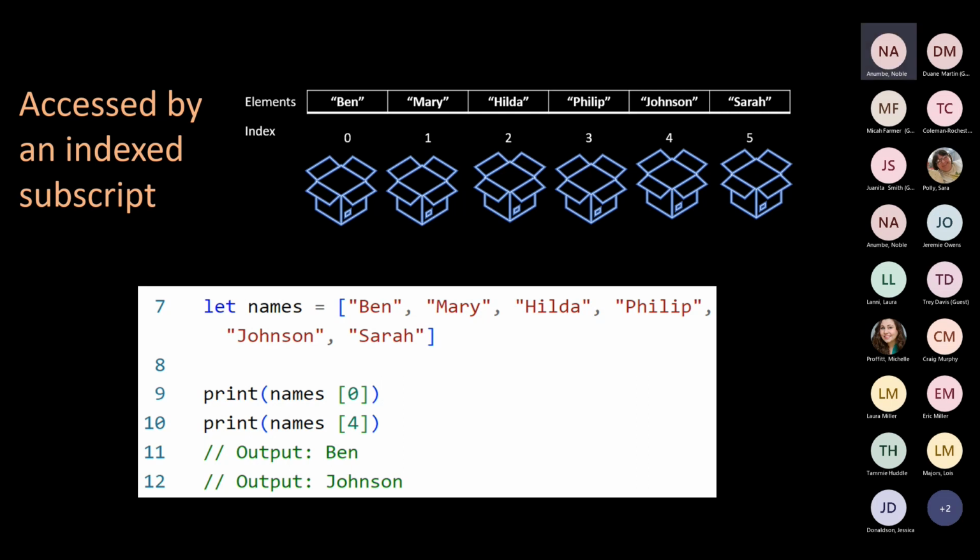So that's an arrangement we have here, and I just laid out a particular example of, say, arrays, where you have Ben, Mary, Hilda, Philip, and all of that. And then the other thing I mentioned was the indexing method of computers.